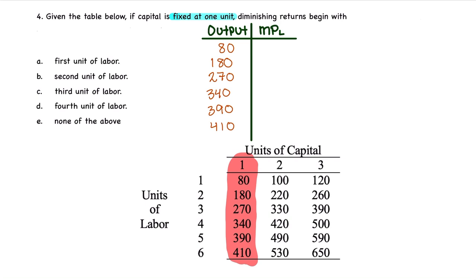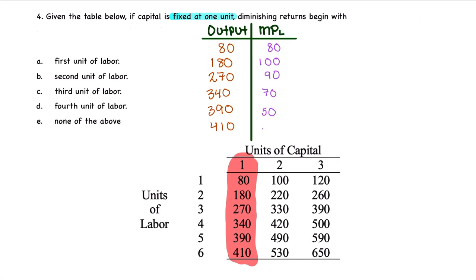And from 80 to 180 is 100. From 180 to 270, it's 90. From 270 to 340, it's 70. From 340 to 390, it's 50.